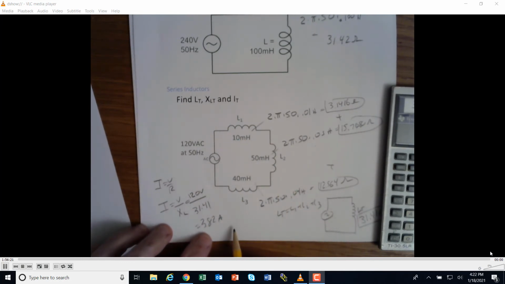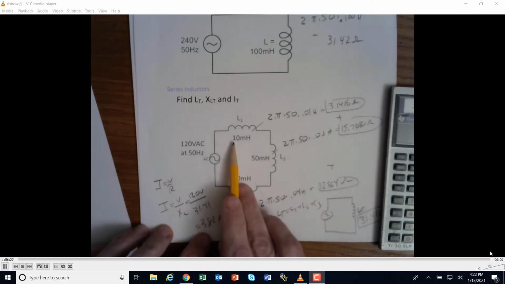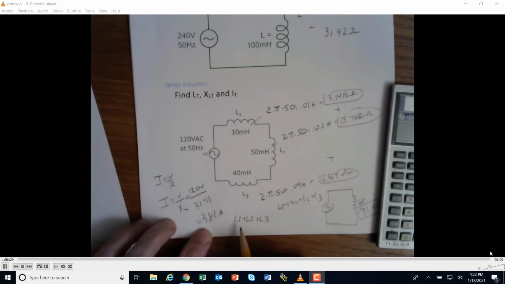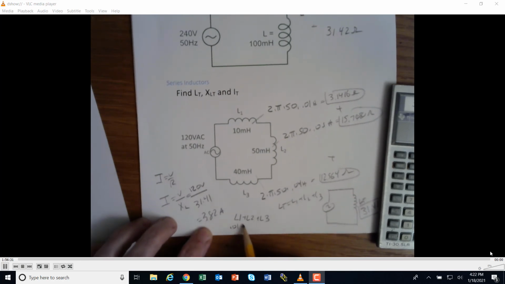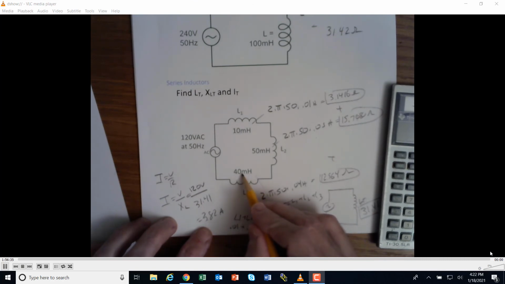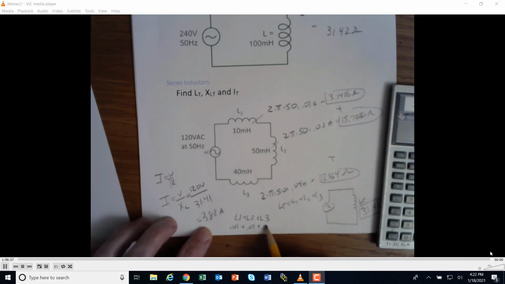Now, as a side note, we could have done this because it's in series. We could have gone L1 plus L2 plus L3, which would have been 0.01 plus 0.05 plus 0.04, okay? And when you add those up, you get 0.100 henries, okay?